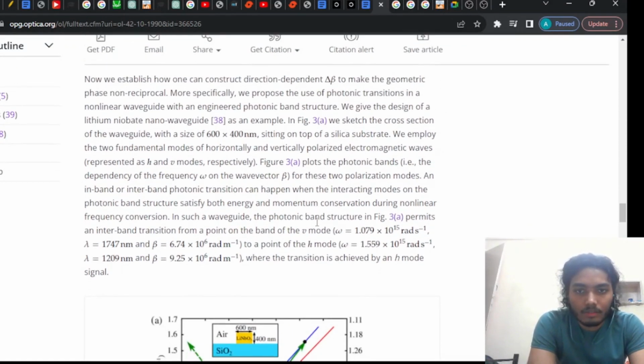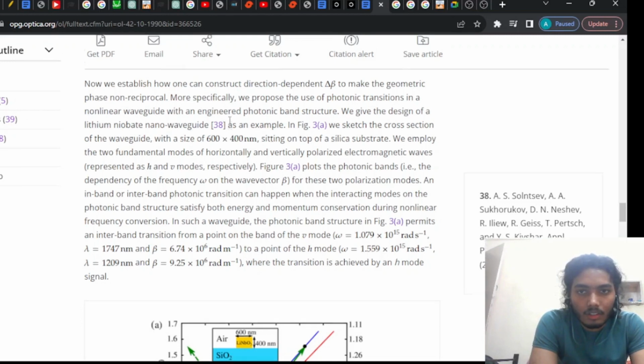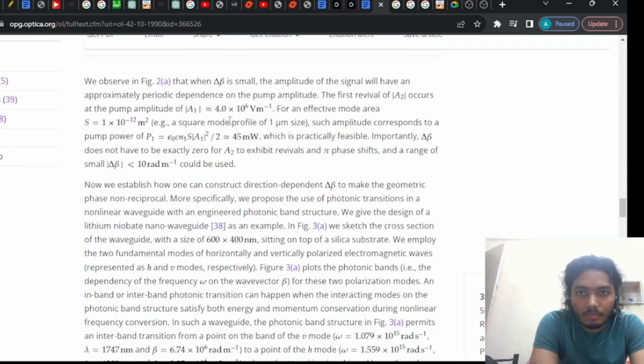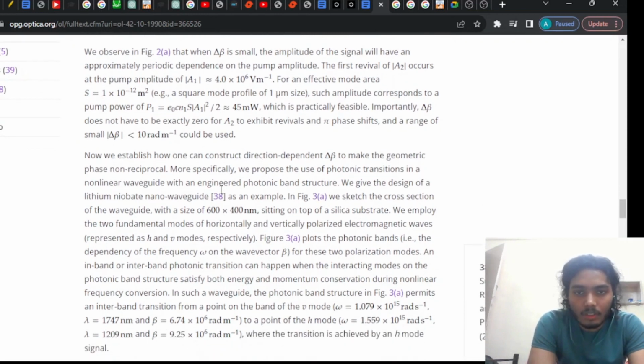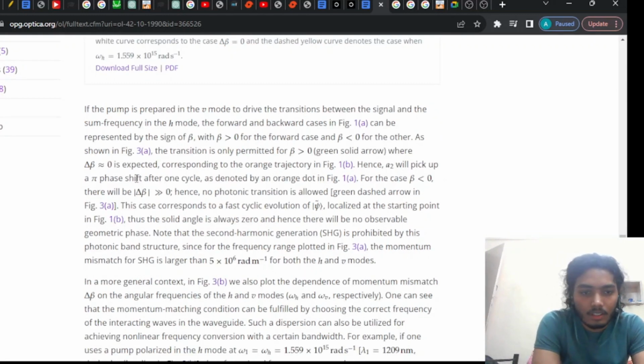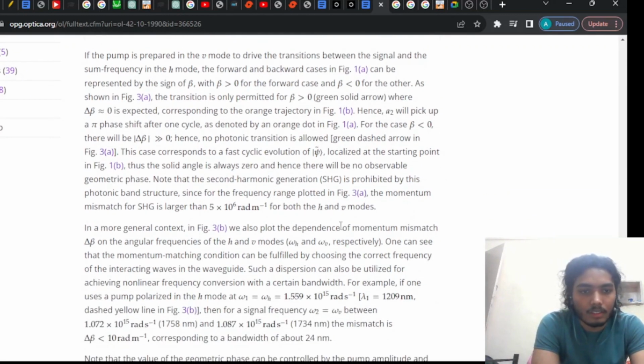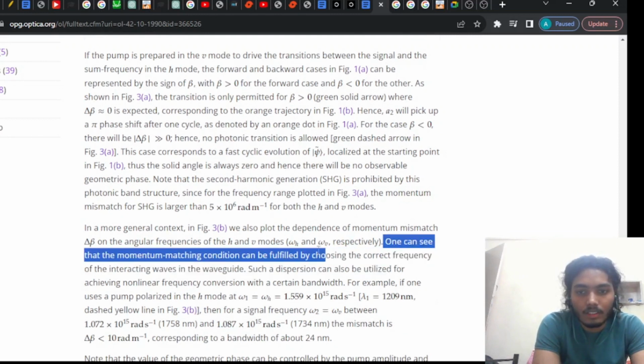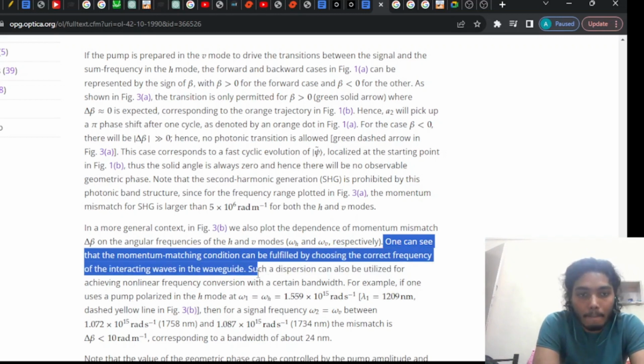And here it is also mentioned that one can see the momentum matching condition can be fulfilled by choosing the correct frequency of interacting waves in the waveguide.